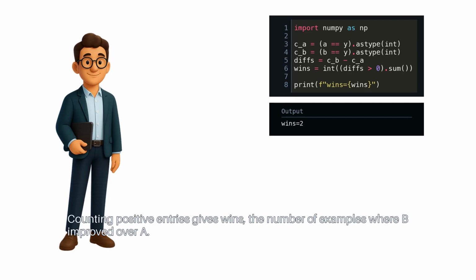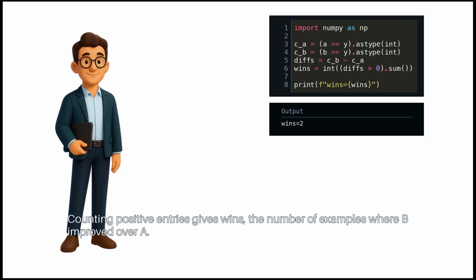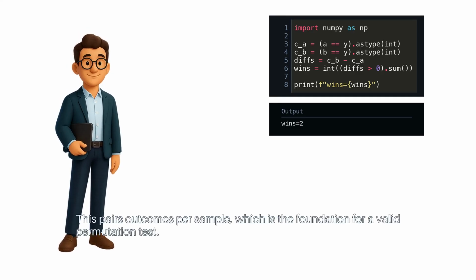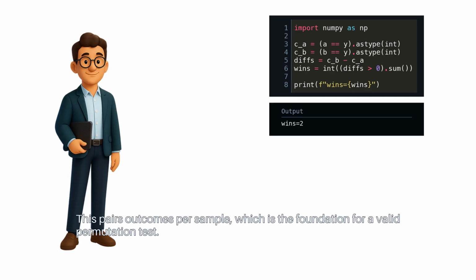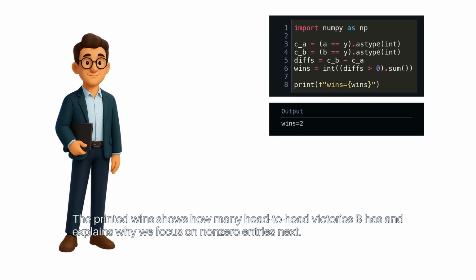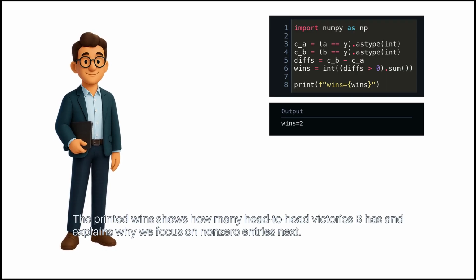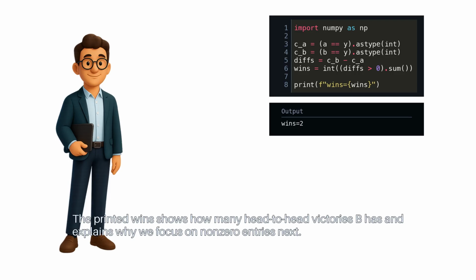Counting positive entries gives wins, the number of examples where B improved over A. This pairs outcomes per sample, which is the foundation for a valid permutation test. The printed wins shows how many head-to-head victories B has, and explains why we focus on non-zero entries next.